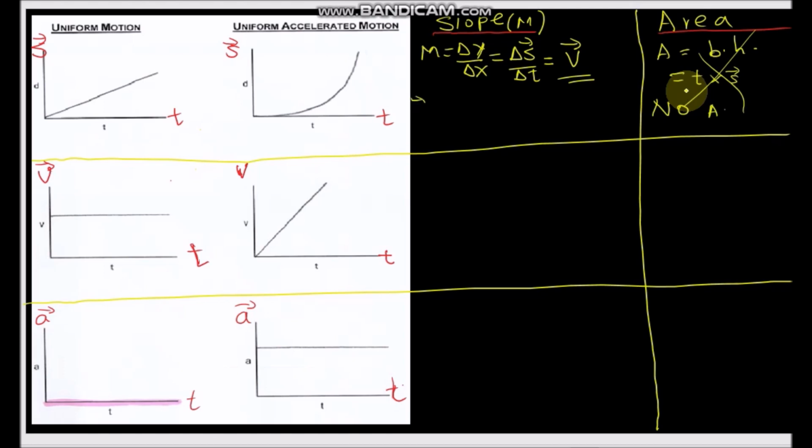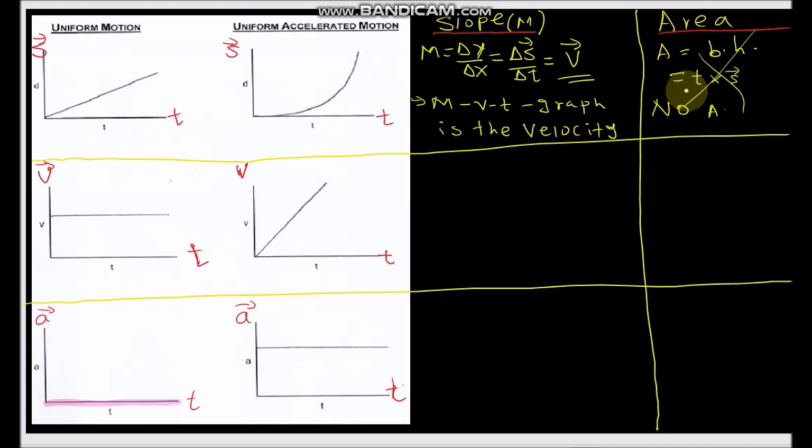So in this case, the slope of the displacement time graph is the velocity.